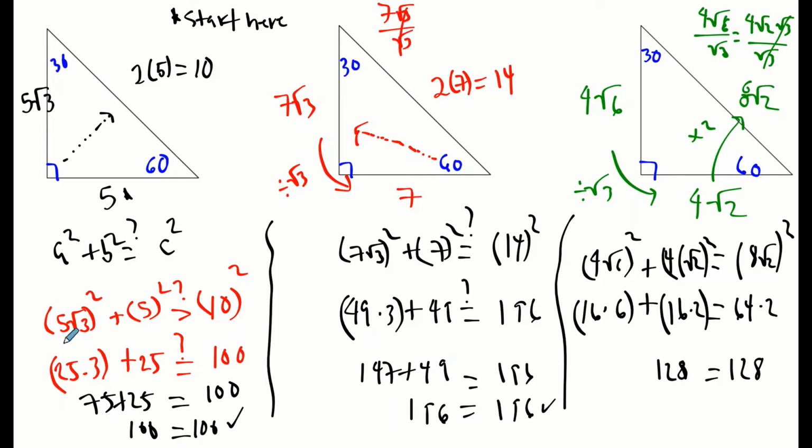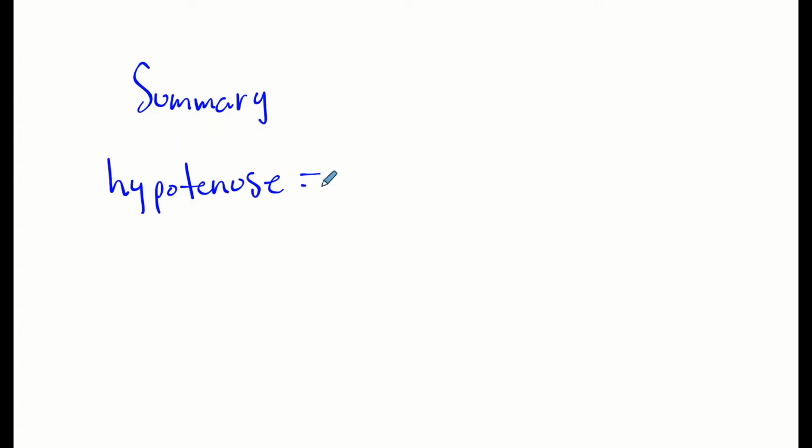So in summary, let's go ahead and do a quick little summary. What we have is the hypotenuse. We said the hypotenuse is equal to the short leg times 2. We also, let's talk about the long leg. We talked about that longer leg.